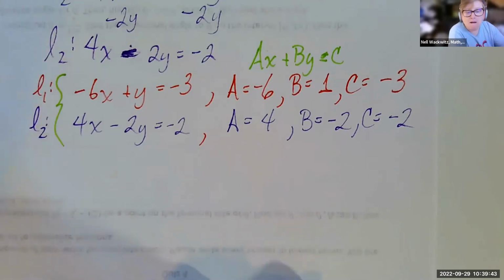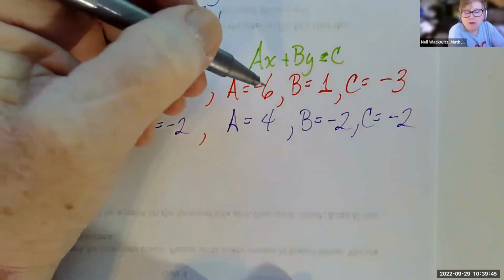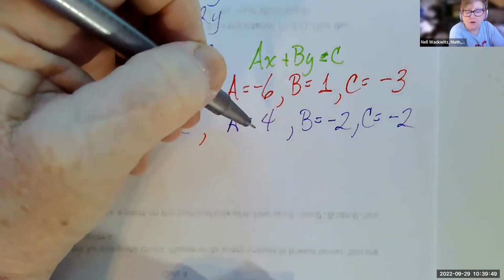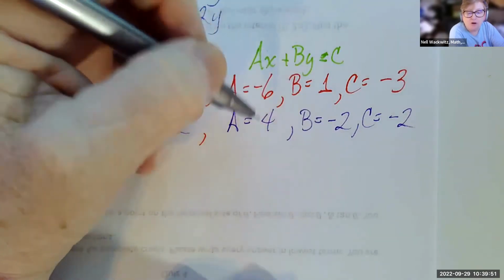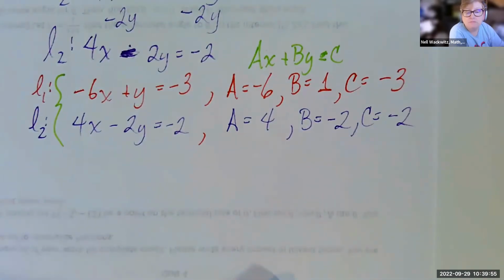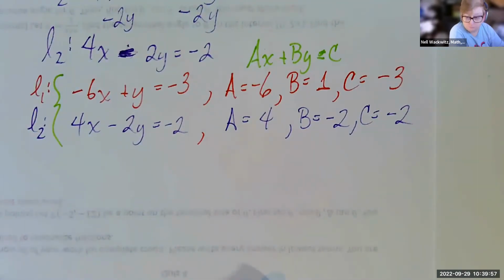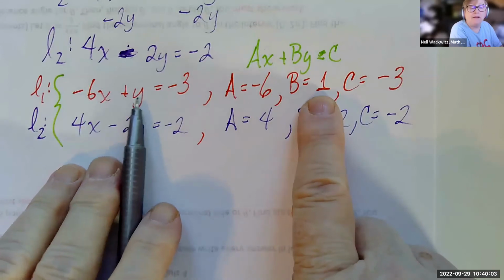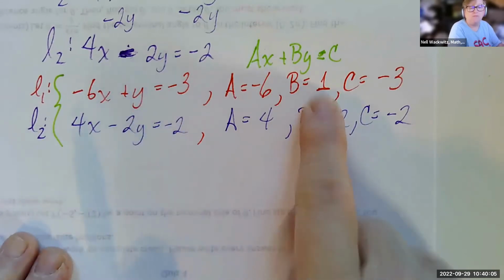Okay. So now this is the step where we look to see, is any A or B 1 or negative 1? Do we have any 1 or negative 1? Yeah, line 1, B is 1.